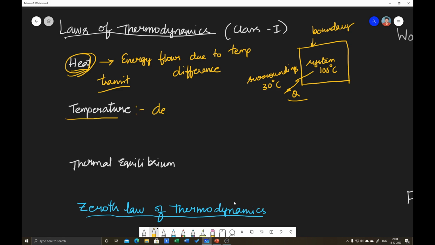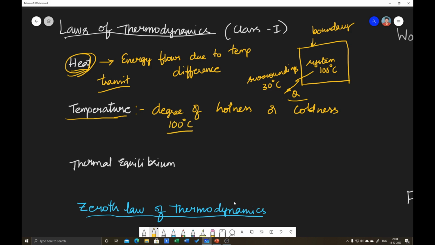So coming to temperature, temperature is basically the degree of hotness or coldness. In some cases we tell the temperature to say how hot it is or how cold it is.